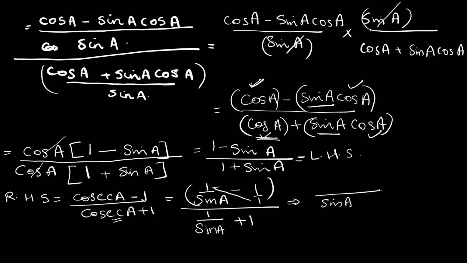This is 1 into 1 minus sin A into 1, that is sin A, divided by, again here in the denominator this is 1.